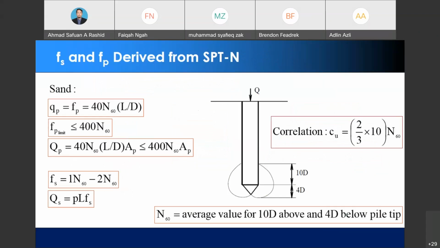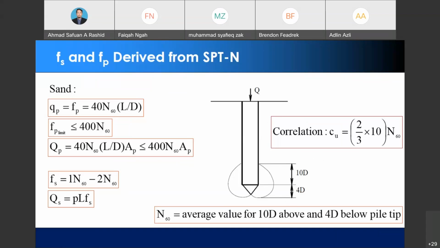Okay. So another way is by using the SPT, okay, value. You can directly get the SPT from the testing, okay, and for the skin friction, okay, so we need to get the average from the top to the pile tip. Okay. Kalau untuk end bearing, so kita kena estimate the end bearing based on the SPT dengan ambil kira 10D ke atas dan 4D ke bawah.